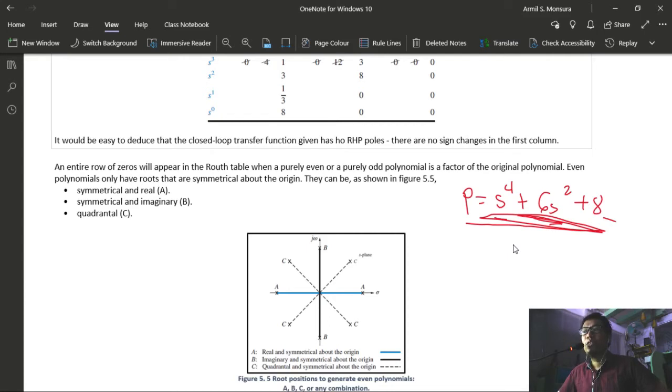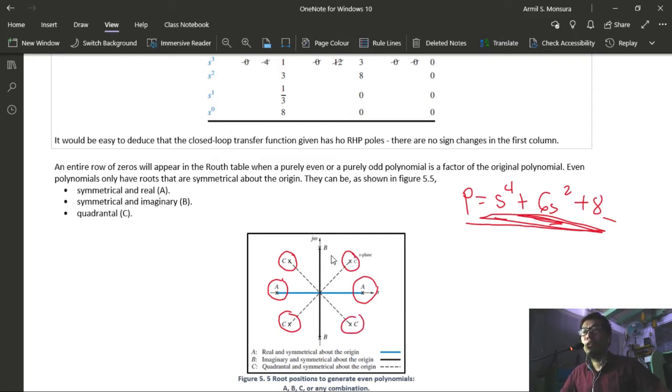Kung symmetrical siya, ibig sabihin, halimbawa, meron siyang pole dito sa left half plane, automatic na meron niyang counterpart na pole sa right half plane. O kaya, kung meron siyang complex pole dito at saka dito, automatic na meron siyang asymmetrical dun sa kabilang side.